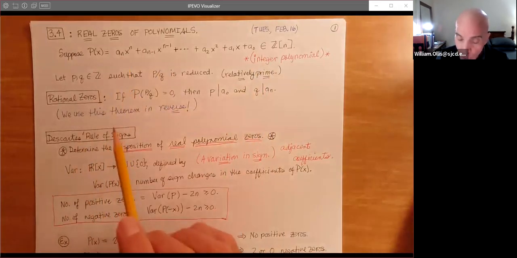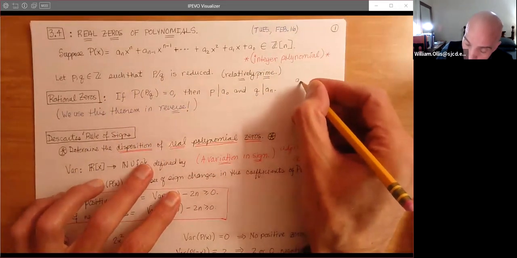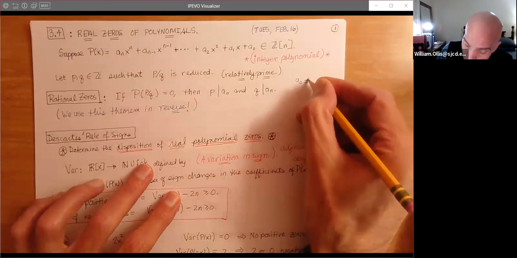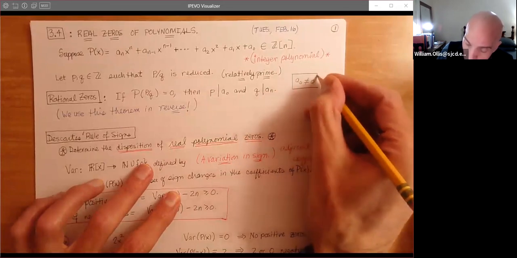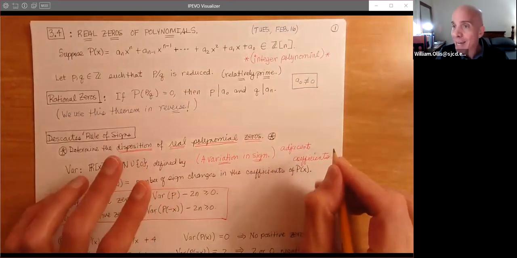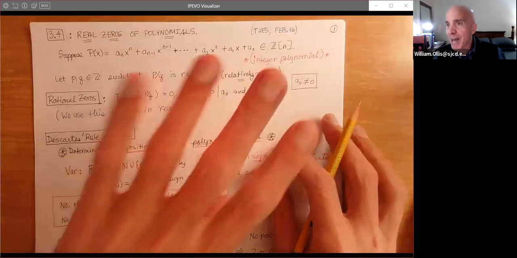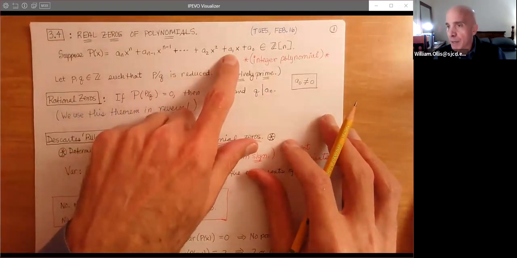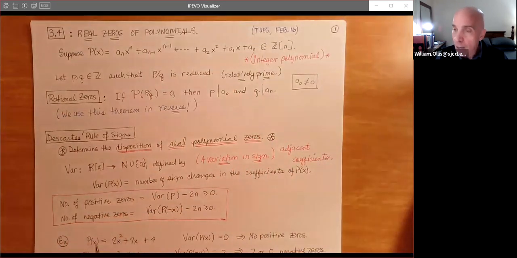One thing that's very important here is that we assume that a sub 0 is non-zero. Because if it were actually 0, the first term would have an x, and we'd factor out the x, and a sub 1 would become the constant term. So we always assume that a sub 0 is a constant term.